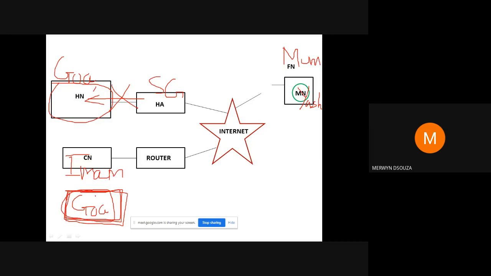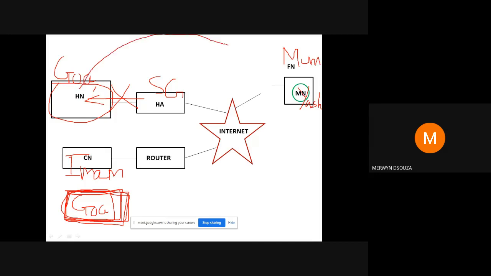Yash is free to move around wherever he desires. But when Imam is sending any data to Yash, he only knows one address, the Goa address, so he will send the data to the Goa address. Remember this point.